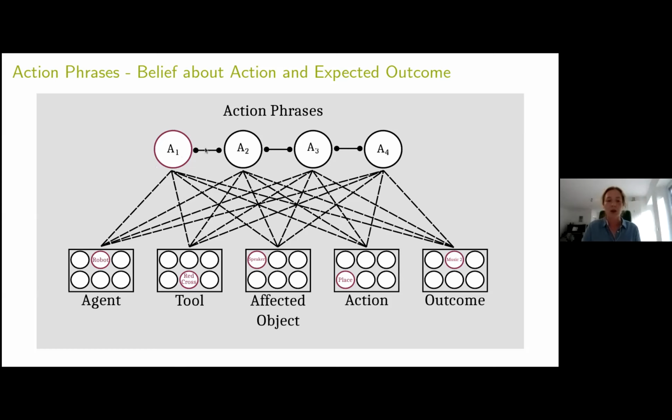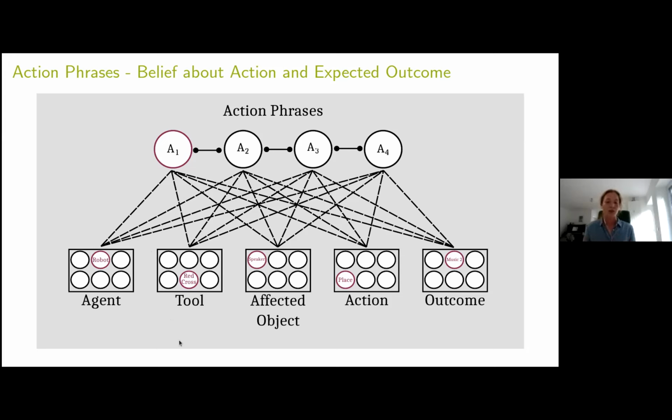So this label node now points at those different concepts, and these concepts live in such concept pools where those concepts that are typical for that action role are grouped together. So in the tool concept pool, you would find like body part concepts, like your hand or your foot, but also smaller objects like the red cross figure that can be picked up and then used as a tool.